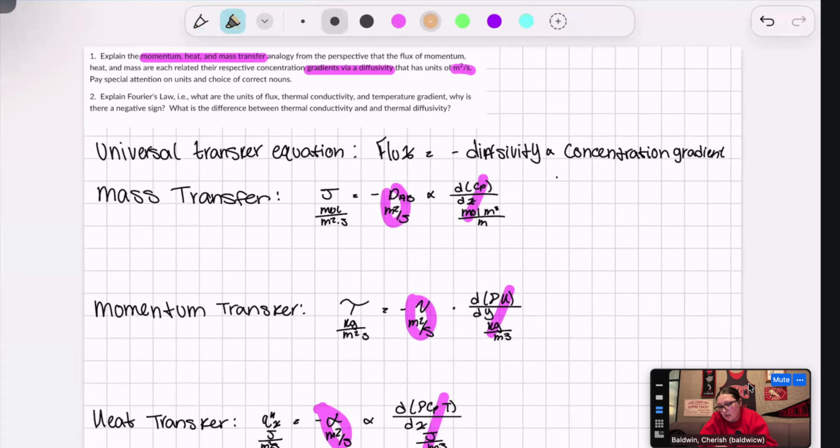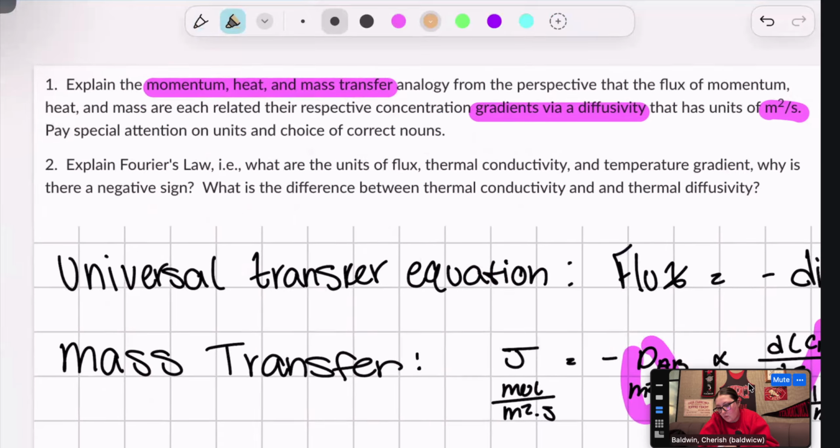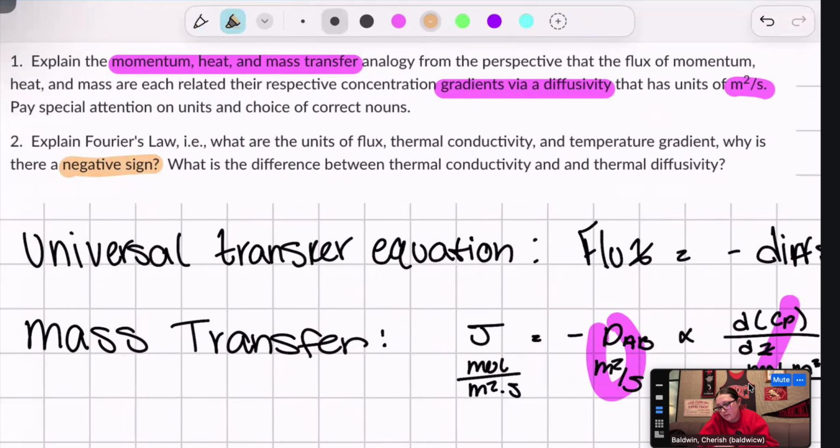Now, I am going to explain why there is a negative sign and the difference between thermal conductivity and thermal diffusivity.